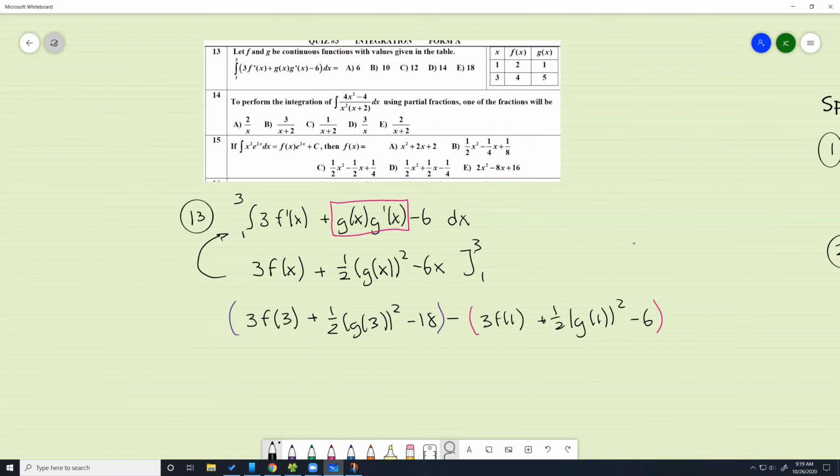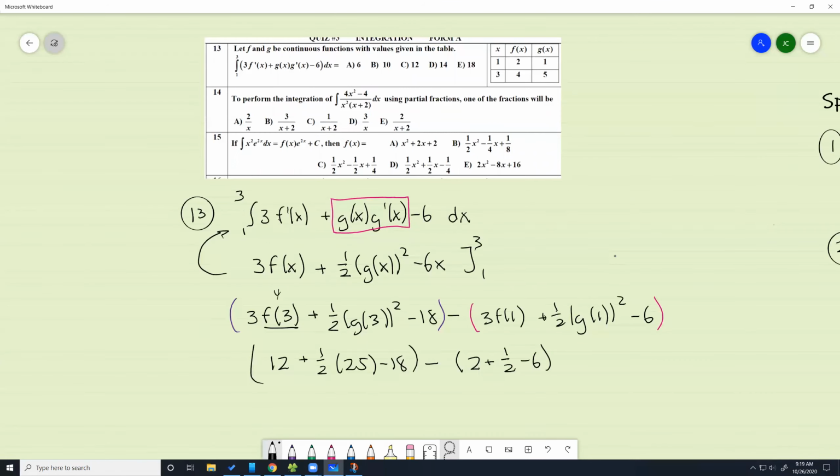F of 3 is 4. Is 12 plus 1/2. G of 3 is 5. 5 squared is 25 minus 18. Quantity that minus 3. F of 1. F of 1 is 2 plus 1/2. G of 1 is just 1. So that's 1/2 minus 6.